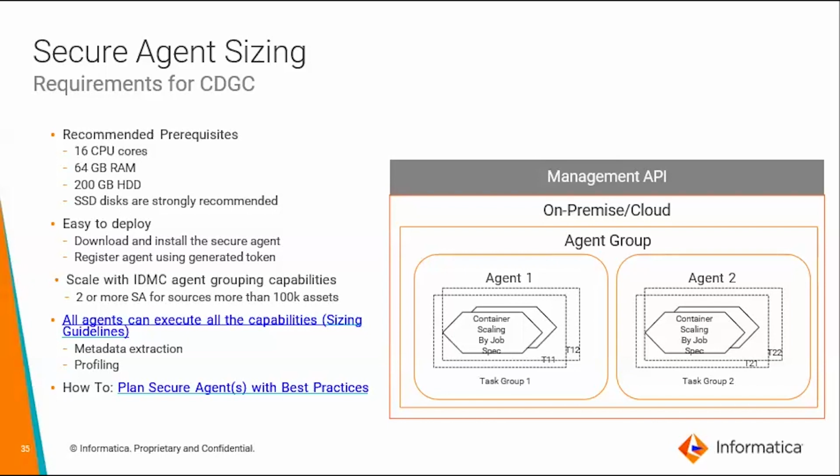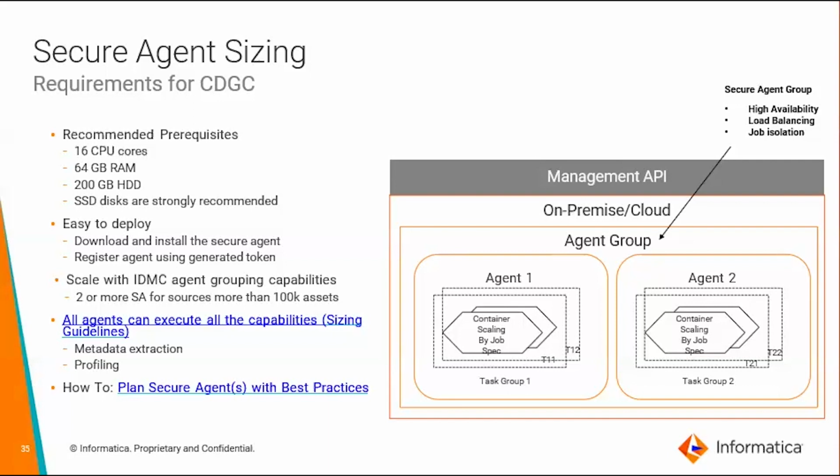We'll look at tuning in a bit, but wanted to address Secure Agent groups. Secure Agent groups provide capabilities such as high availability. So if an agent isn't available, the job will run on another available Secure Agent from the agent group.